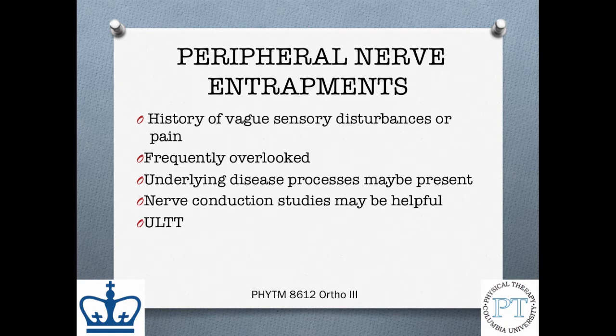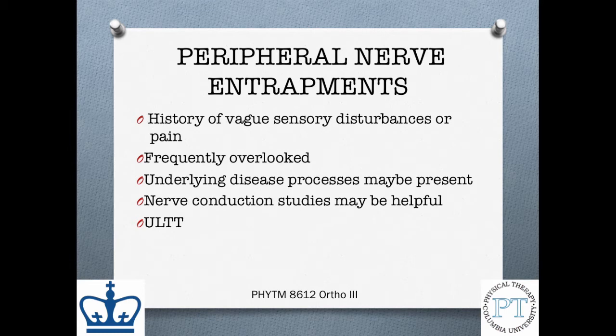In general, patients with peripheral nerve entrapments report having vague sensory disturbances or complaints of pain that would follow the sensory distribution of that nerve. Quite often it's overlooked and thought that it's just a little bit achy, it'll go away. There may be an underlying disease process that may be going on.